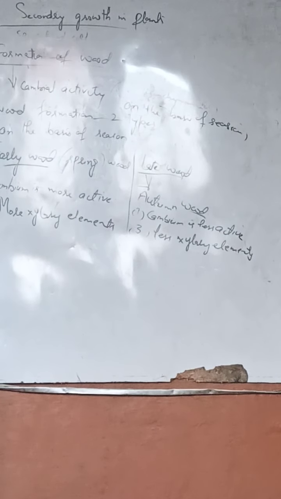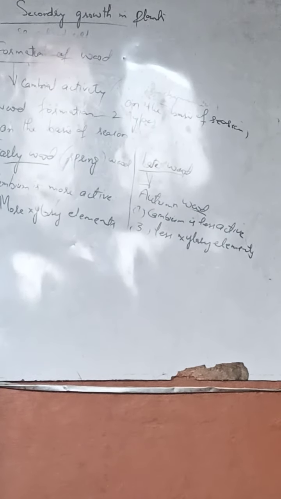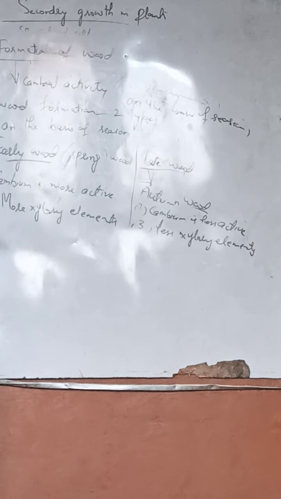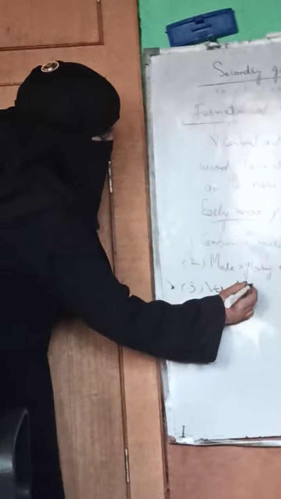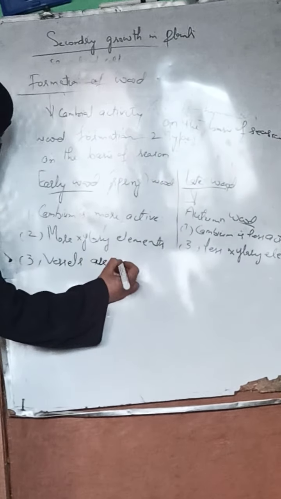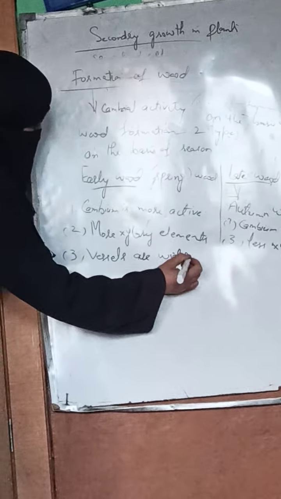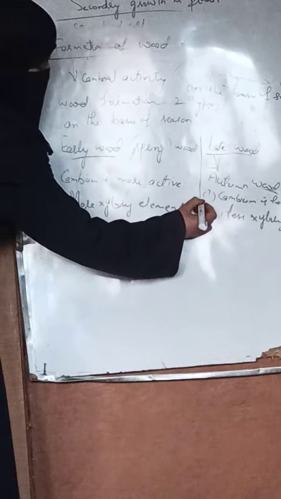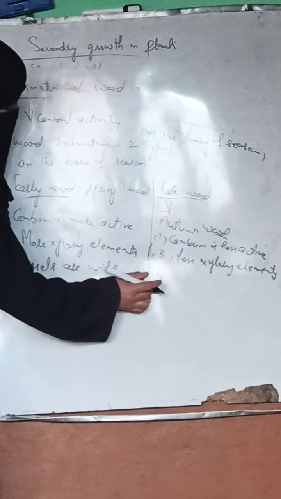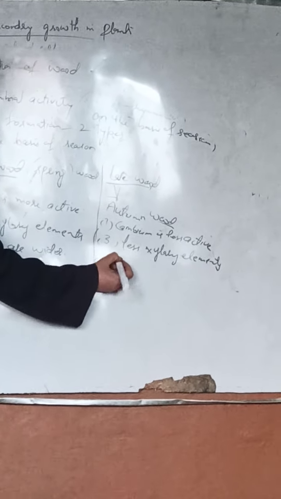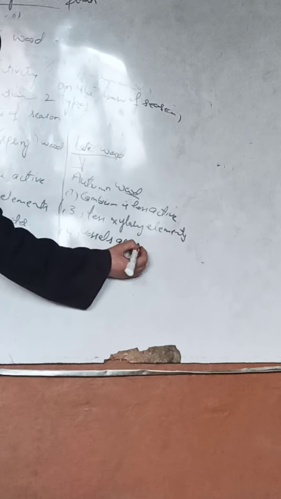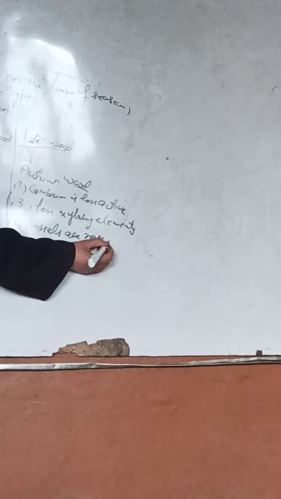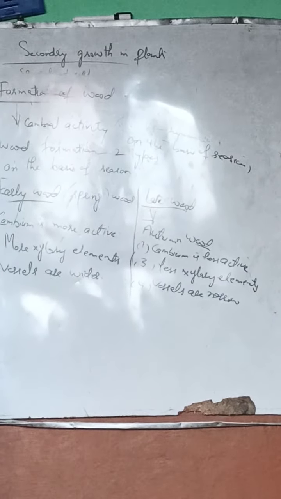Then their vessels are wider in case of early wood, but in case of late wood, vessels are narrower.